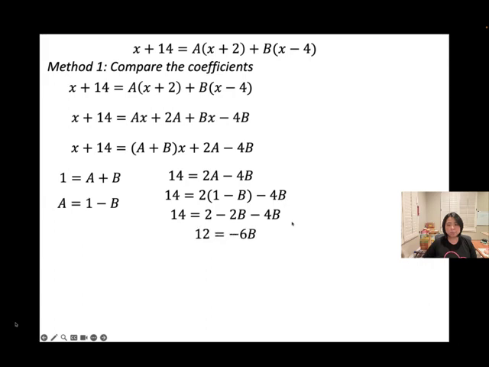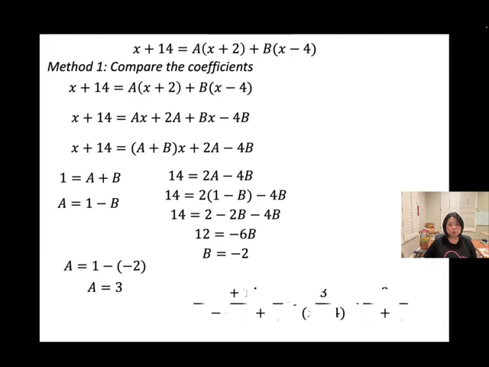Combine the like terms. Divide by negative 6 on both sides. You'll find B equals negative 2. Then we plug it back to here, and you get A equals 3. So A equals 3 and B equals negative 2.